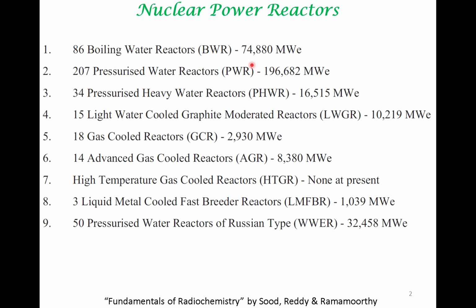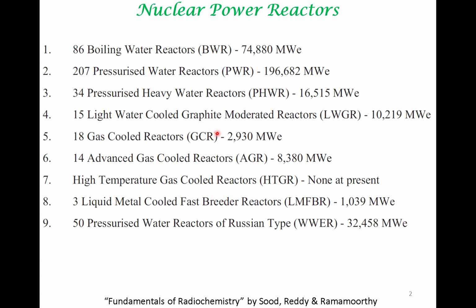Much of the material is sort of descriptive. So you can look at this book that will give you a description of the different kinds of reactors and to what extent they contribute to power, especially in the context of the Indian energy scenario.